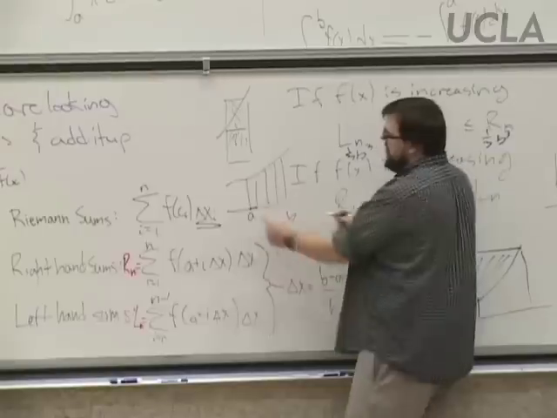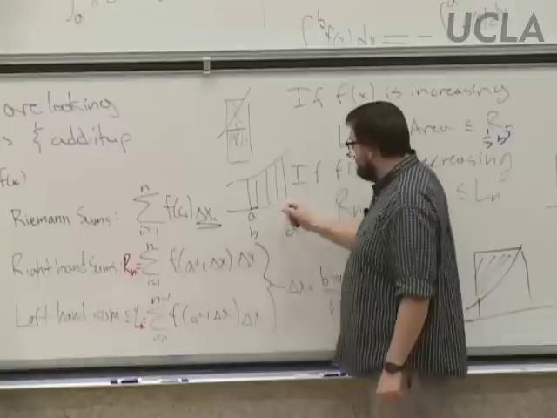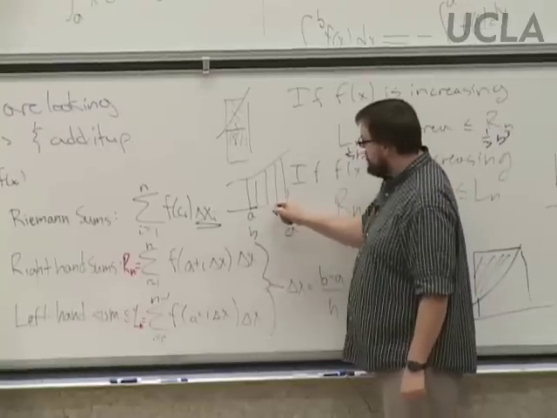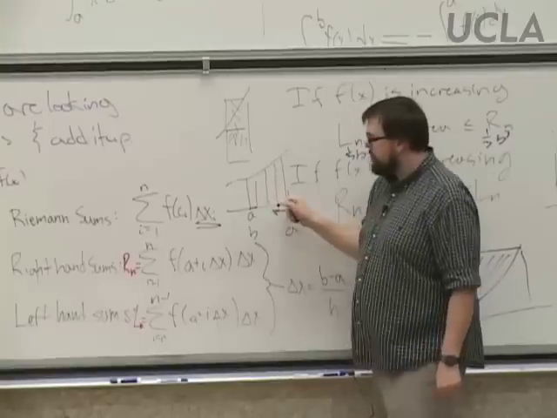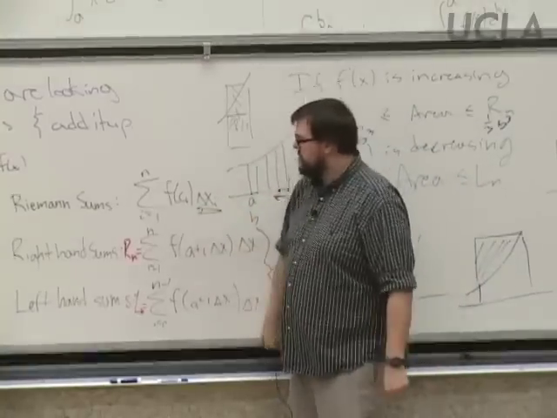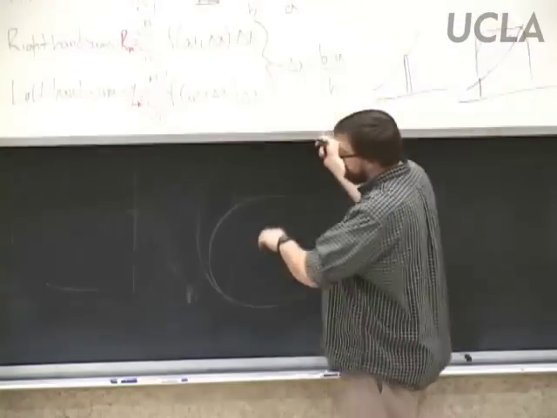What are my widths? They're positive. But if I go backwards, from b to a, I start here and I move in this direction. So I take this value minus this value for my width. That's a negative value. So the delta x i becomes negative. This stays the same. This changes sign. So that's why we change the sign.